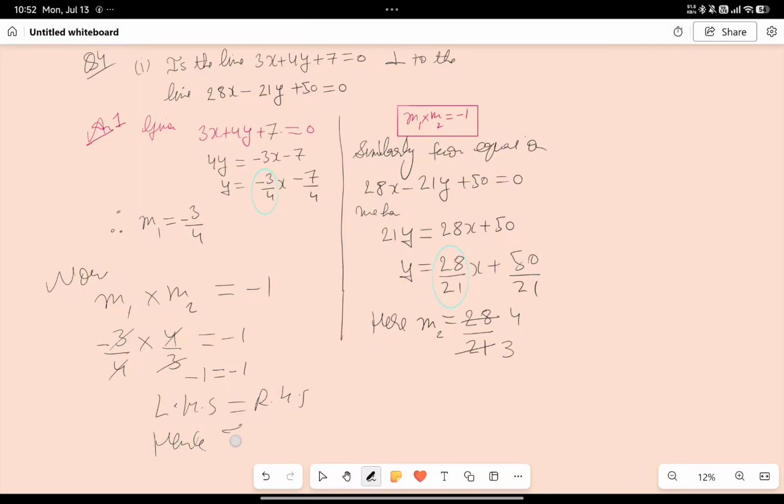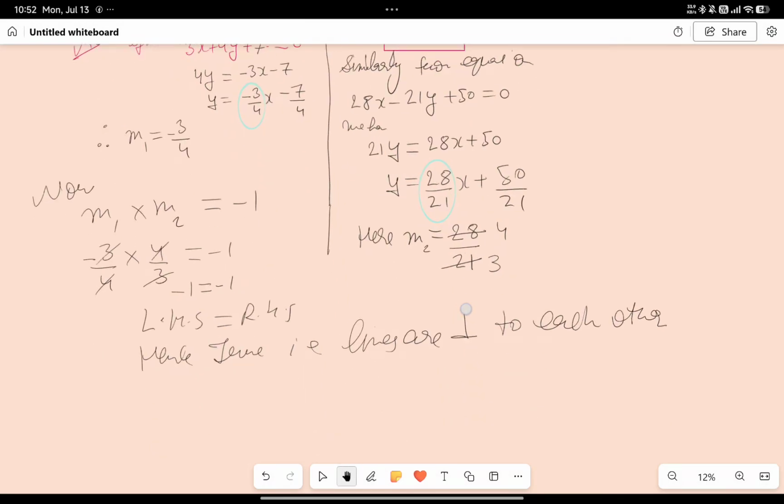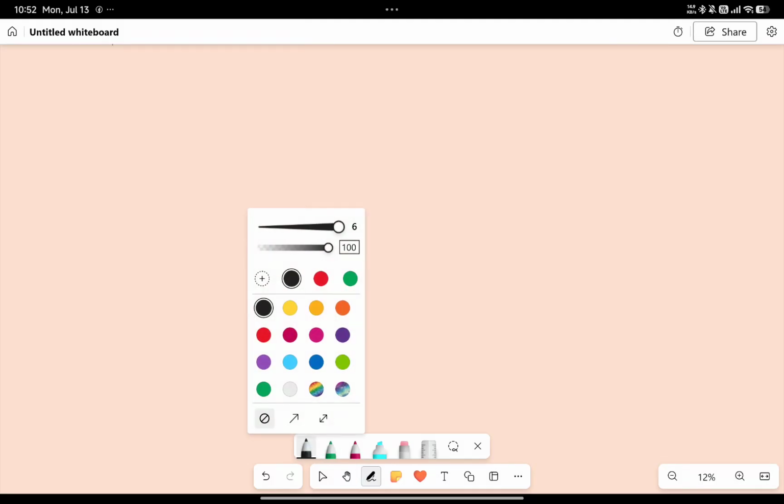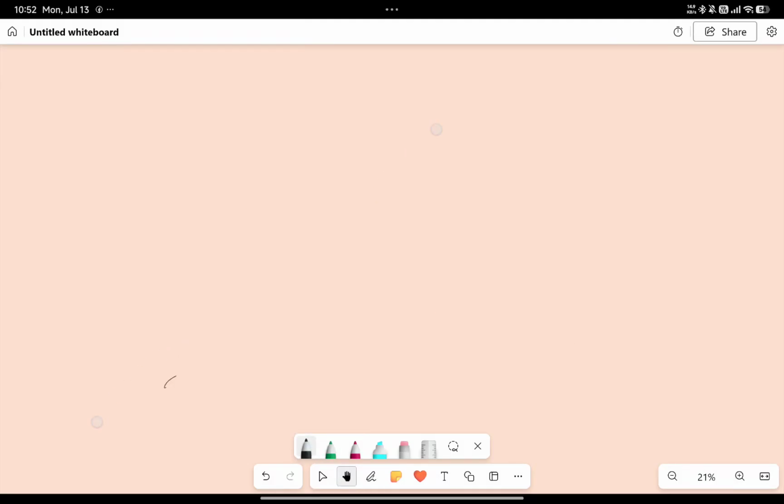Hence, true. That is, lines are perpendicular to each other. Okay. Now see the second part of this question. Question number 4, part 2.